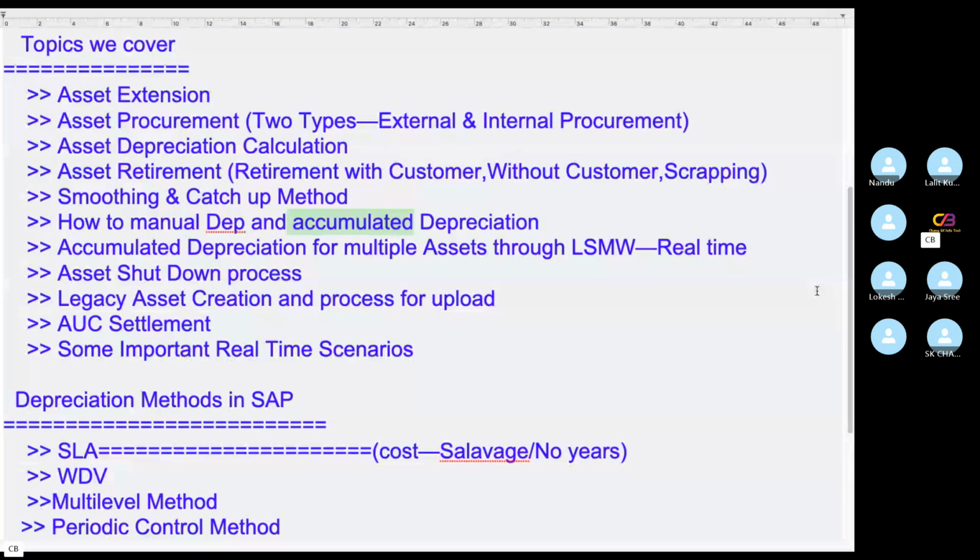So we need to mark it as asset shutdown in the asset master. We have an option called asset shutdown. If you select that option, you cannot book any assets, like procurement will not happen with these assets.